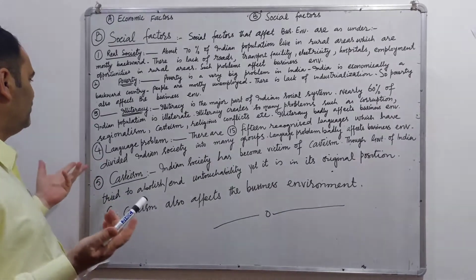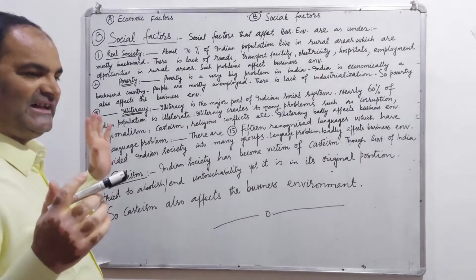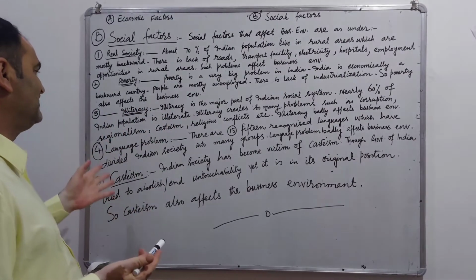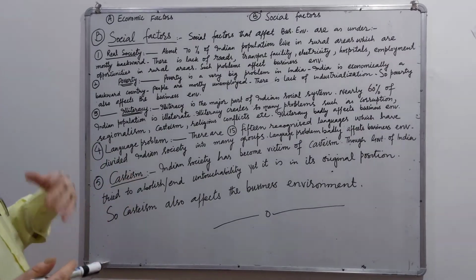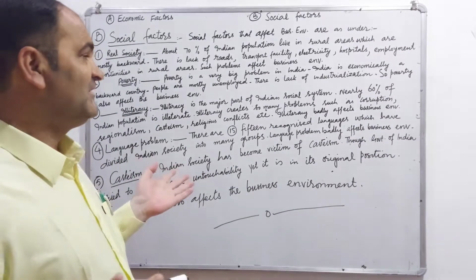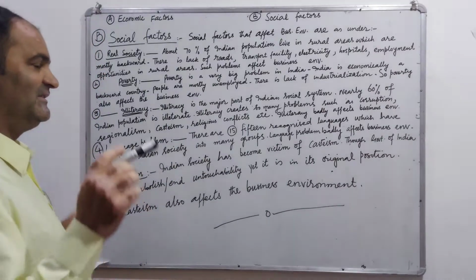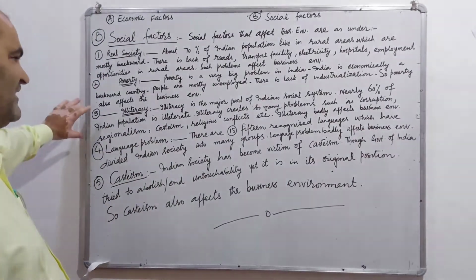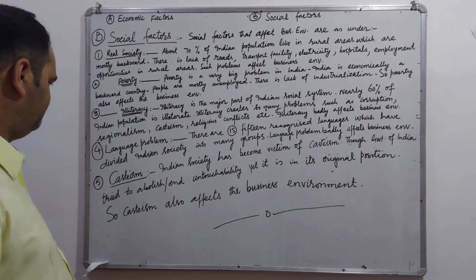Nobody can know the causes, results and consequences of corruption, regionalism, casteism, religious conflicts because they are almost illiterate. So this factor badly affects it.